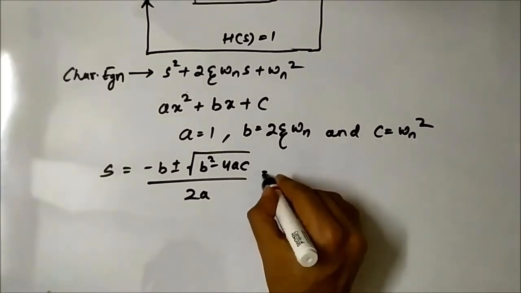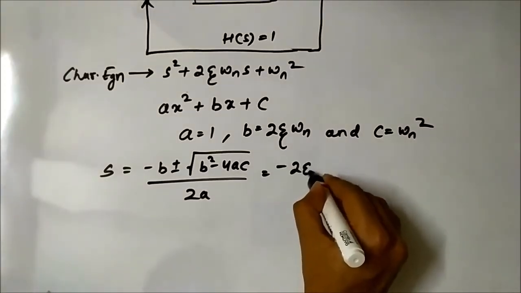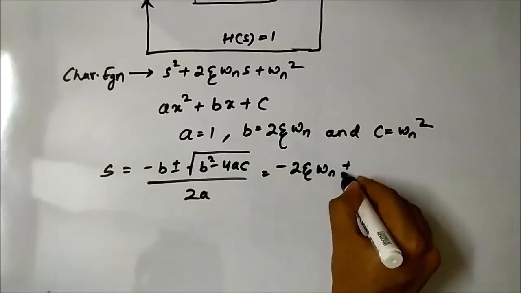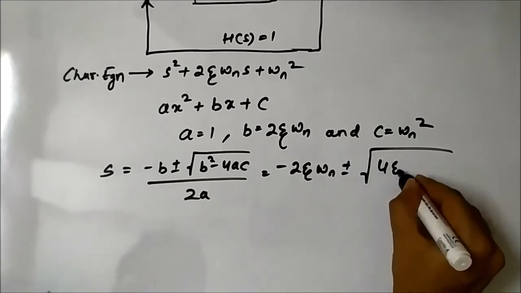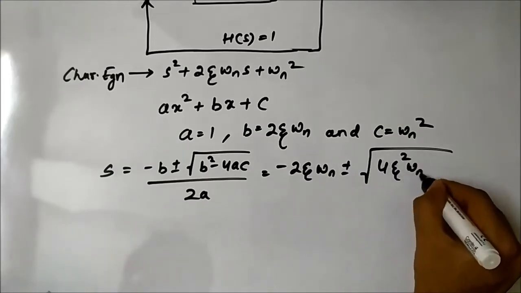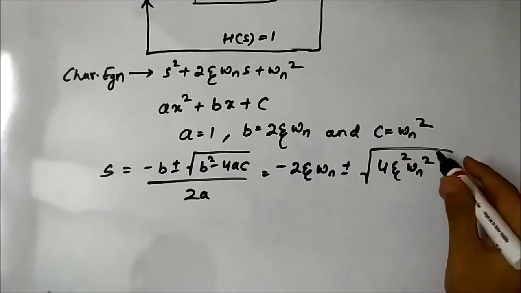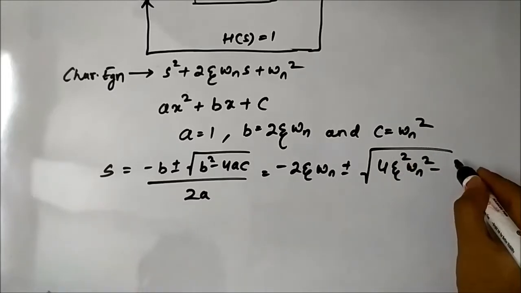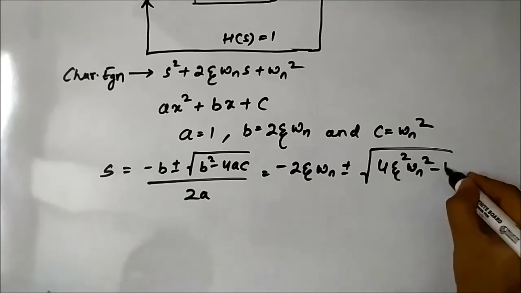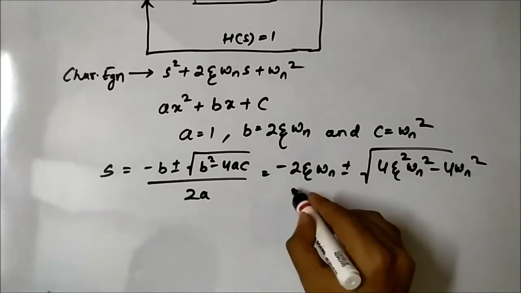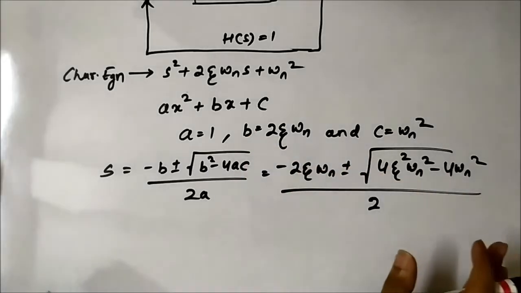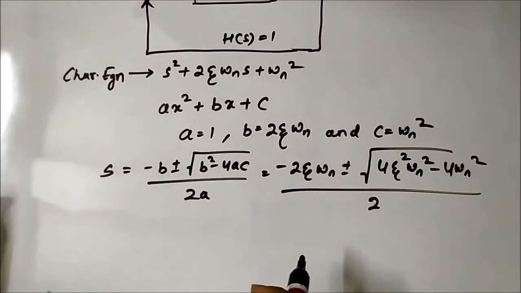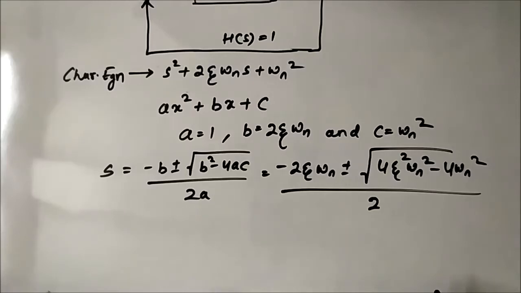So this will become minus 2 zeta omega n plus minus root of 4 zeta square omega n square minus 4ac, 4 omega n square, by 2 into 1, that is simply 2. Okay, so this will be the roots of the characteristic equation.